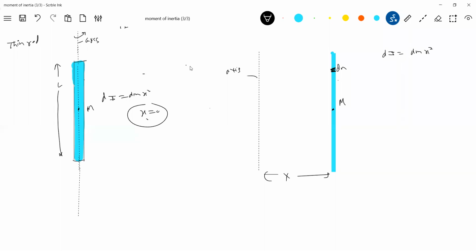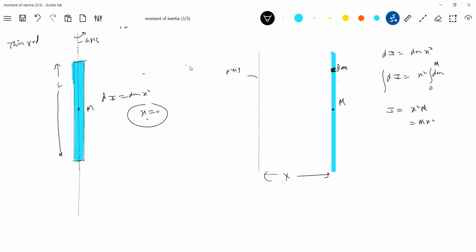Look at all the elements, they are all at the same distance. So what is the total moment of inertia? x square is common, integral of dm. The total mass of the rod goes from 0 to M. So I is equal to x square into M.